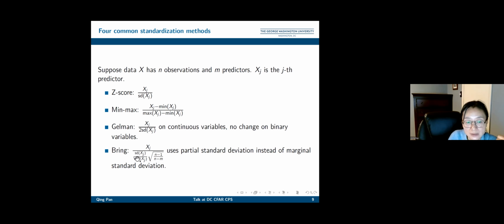So the difference between Z-score and Brain is the idea of partial versus marginal. It's conditioned on all the other covariates because that's how regression is done. You have all the other covariates already there, then the extra explanatory power of xj is what it contributes.